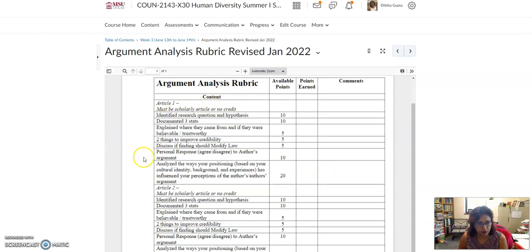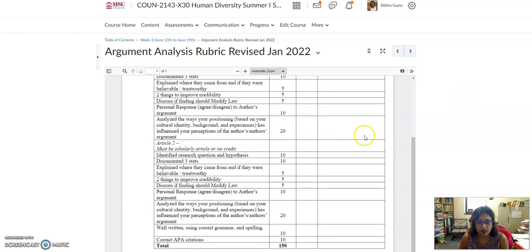So here, for Article 1, it has to be a scholarly article or no credit. Research question and hypothesis, 3 statistics, explain where they came from and if they are worthy or credible. 2 things to improve credibility, if the findings should modify law, your personal opinion, do you agree or disagree, and how, why, and then analyze your positioning.